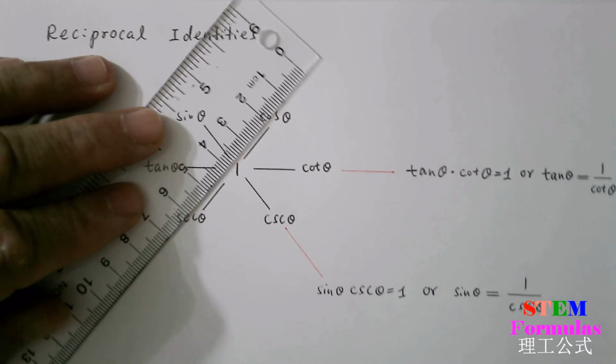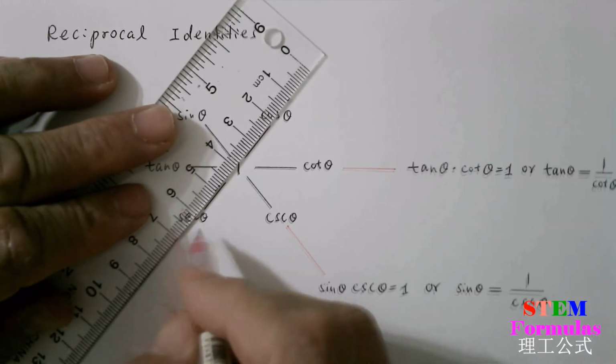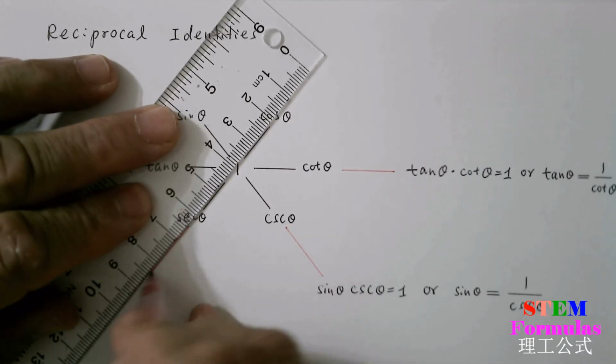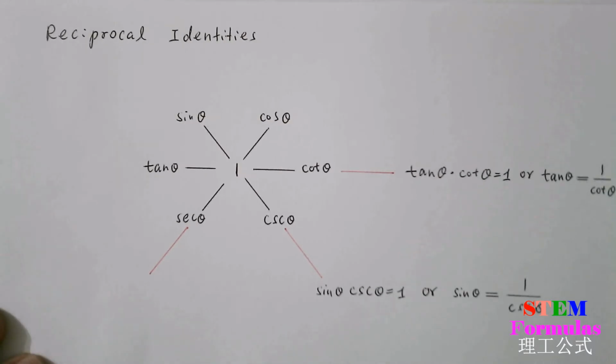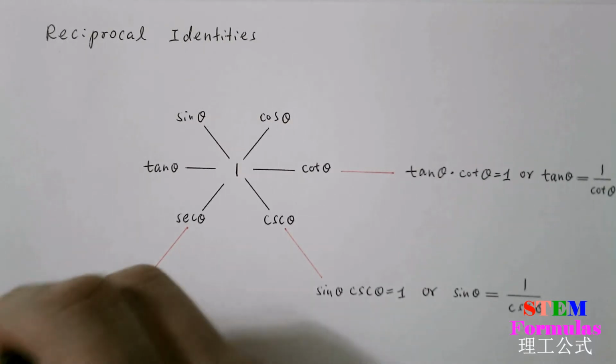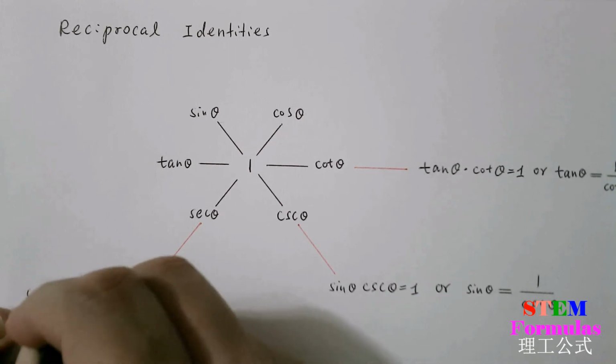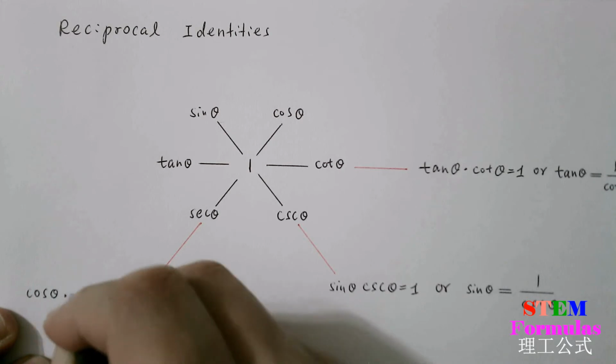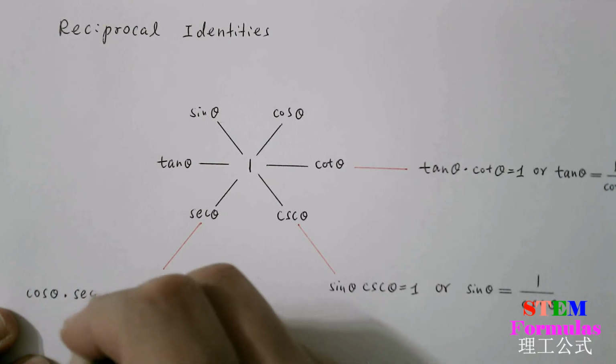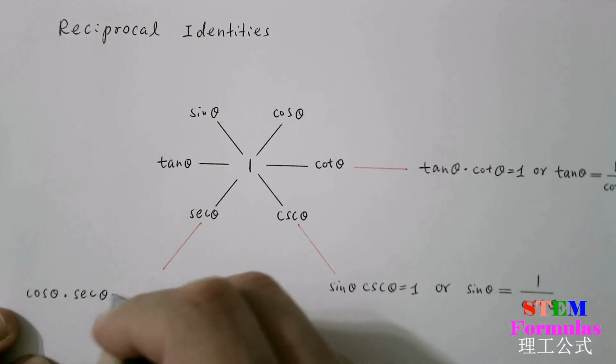For this diagonal line, we have cosine theta times secant theta equal to 1.